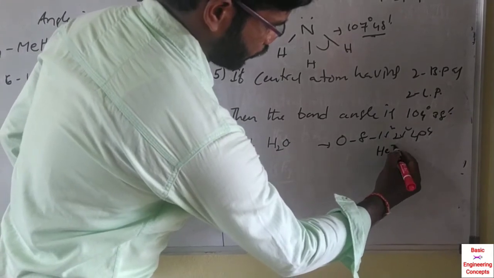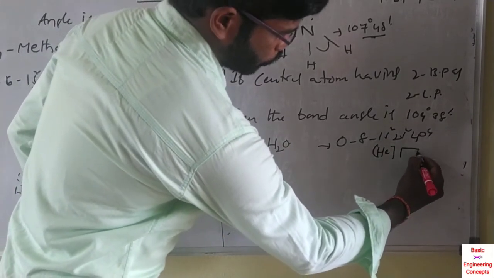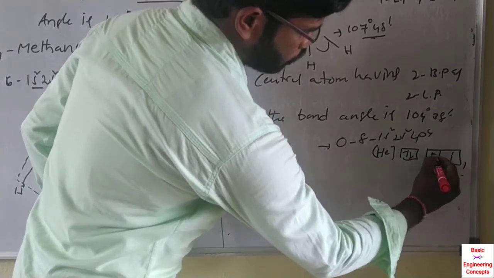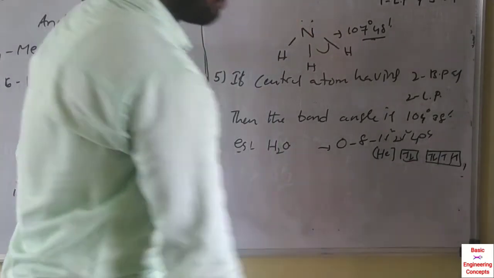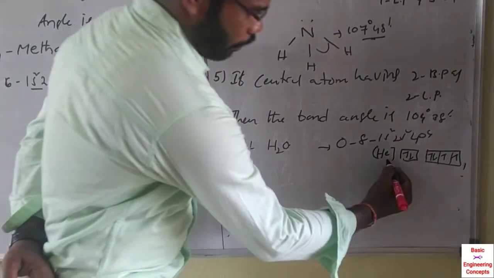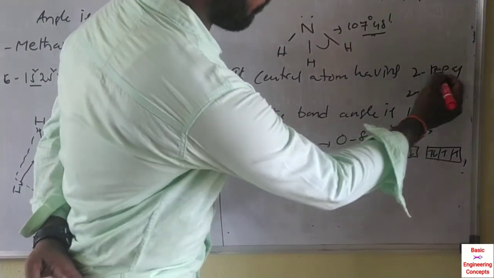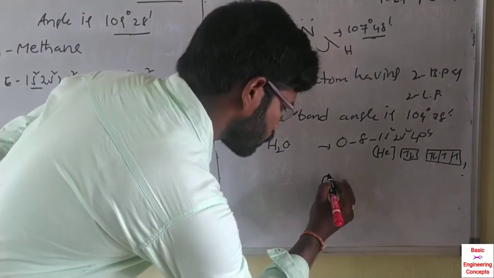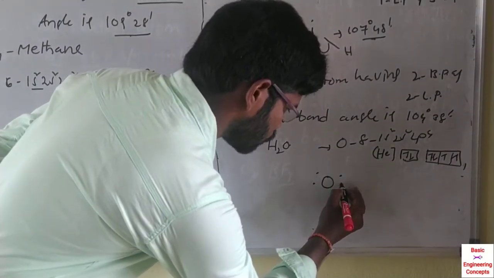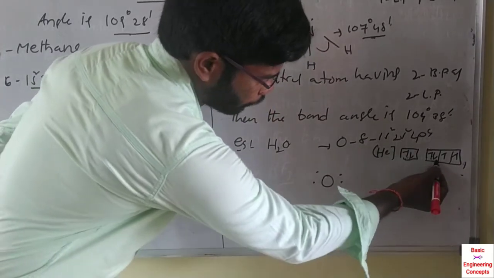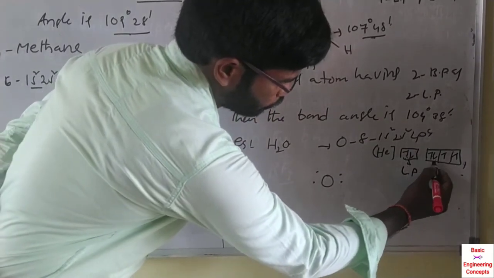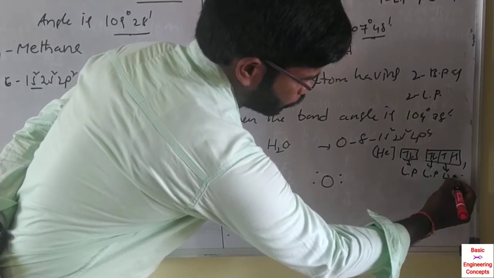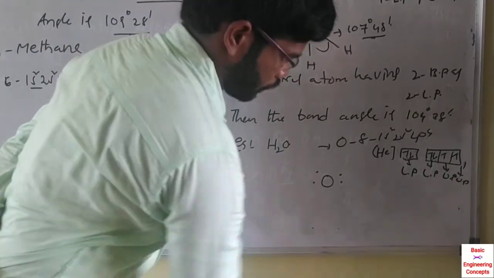You can write helium, 2s having 2 electrons and 2p having 4 electrons. So here oxygen has 2 bond pairs and 2 lone pairs, and the remaining 2 are unpaired.